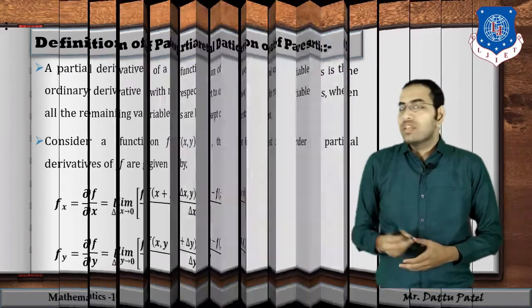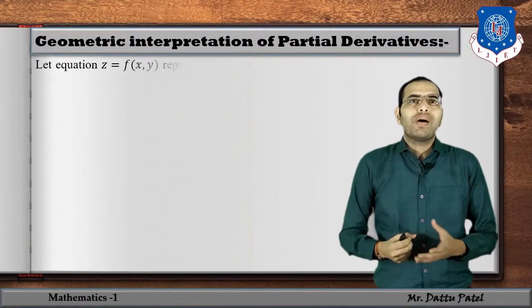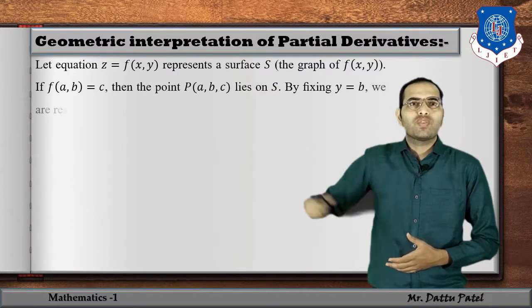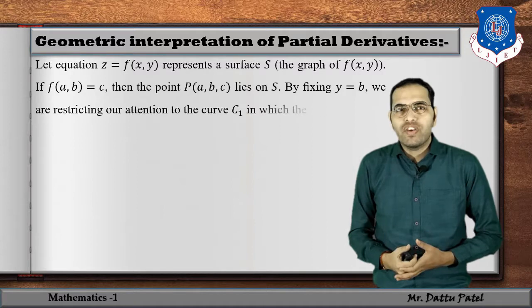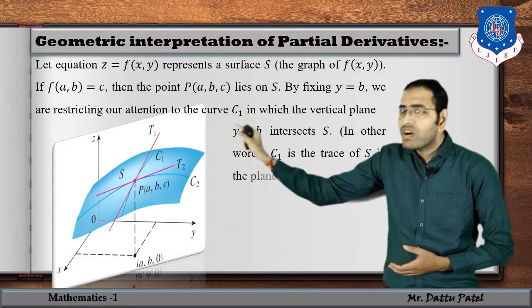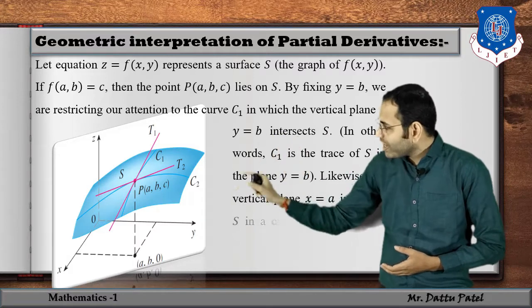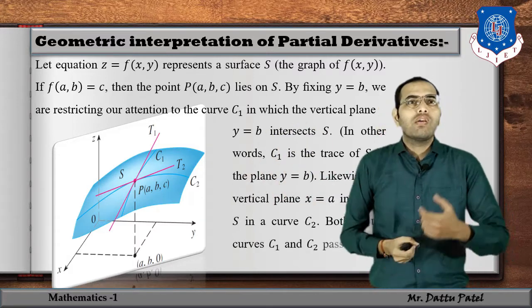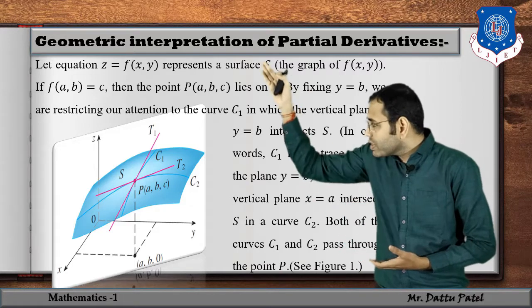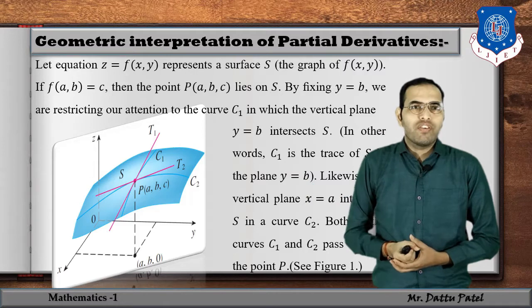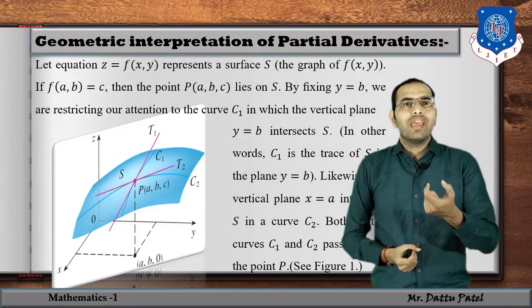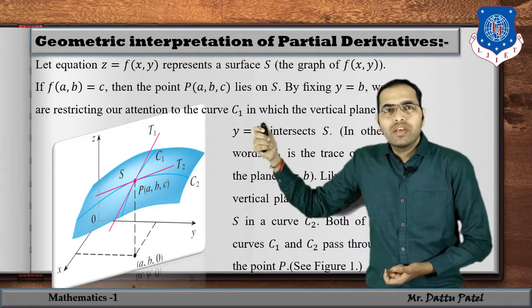Now let's see the geometric interpretation of the partial derivative. Our equation z equal to f of x, y represents a surface. In this graphical representation, the blue color indicates our surface, and C1 and C2 are curves cut vertically from the surface, passing through the point P, where P is (a, b, c), which lies on the surface.